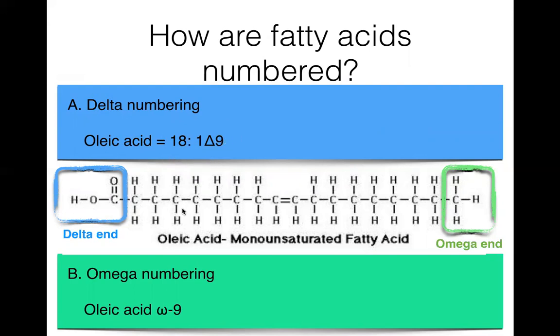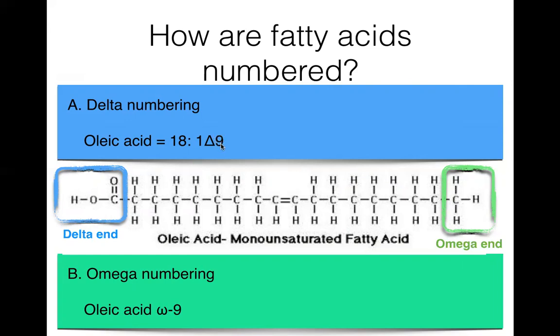If you count the number of carbons, 1, 2, 3, 4, 5, 6, 7, 8, 9, 10, 11, 12, 13, 14, 15, 16, 17, 18, it contains 18 carbons. Colon 1 means that oleic acid contains one double bond in the chain. And delta 9 refers to the position of the double bond.